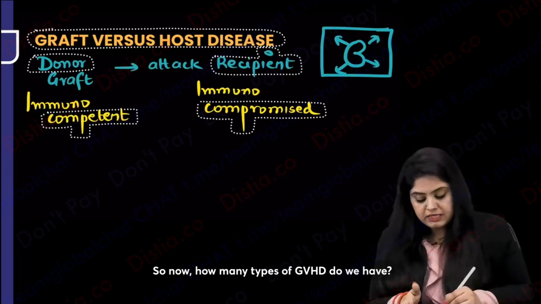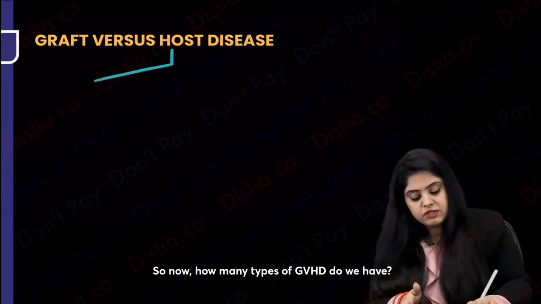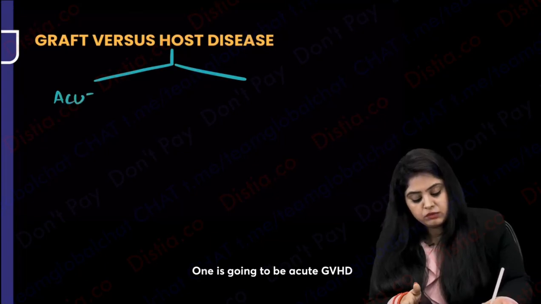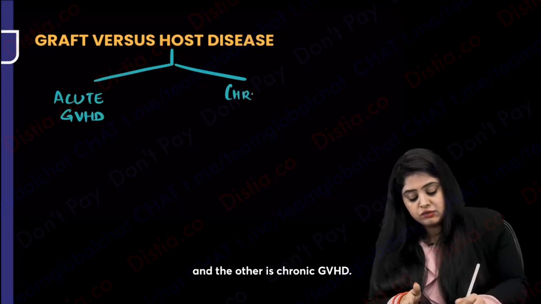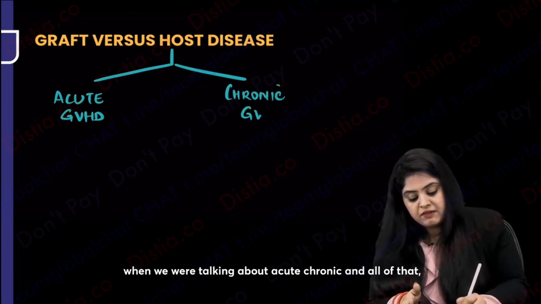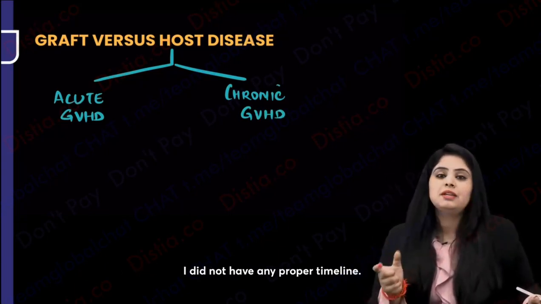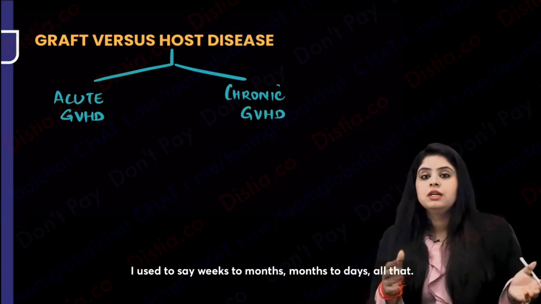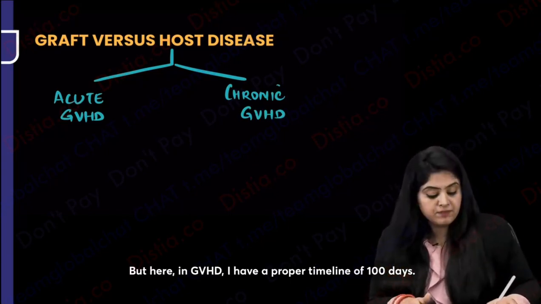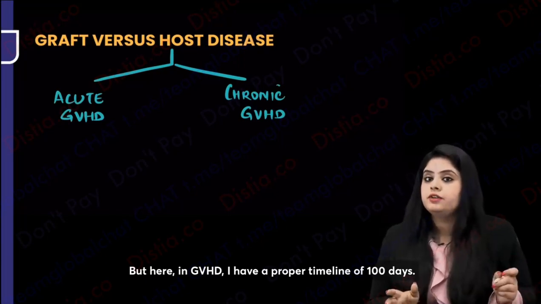Now, how many types of GVHD do we have? GVHD is of two types. One is acute GVHD and the other is chronic GVHD. In the previous one, when we were talking about acute, chronic and all of that, I did not have any proper timeline. I used to say weeks to months, months to days, all that. But here in GVHD, I have a proper timeline of 100 days.